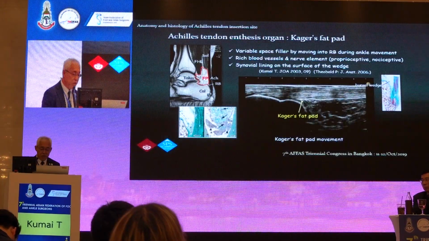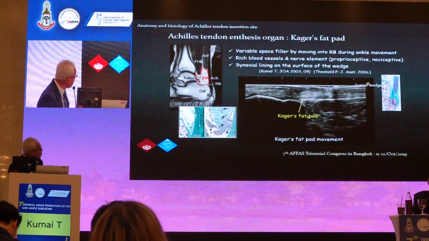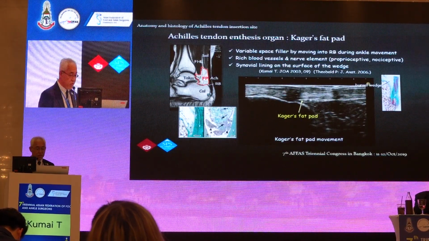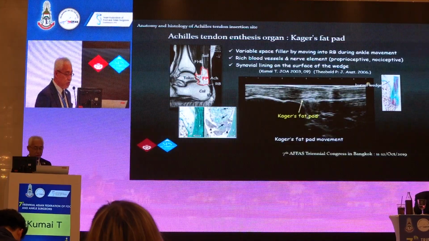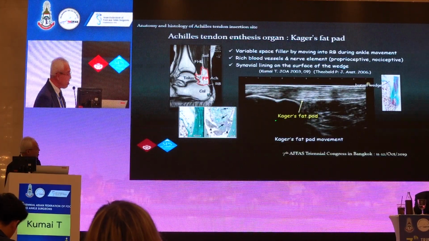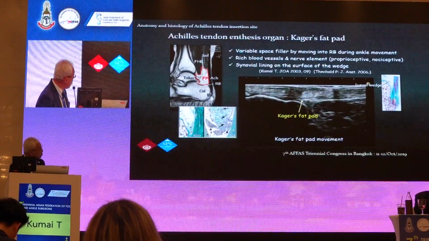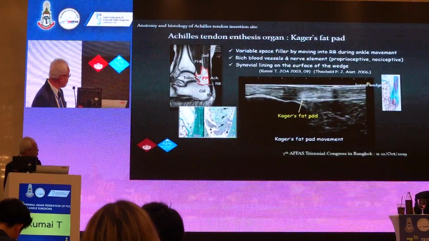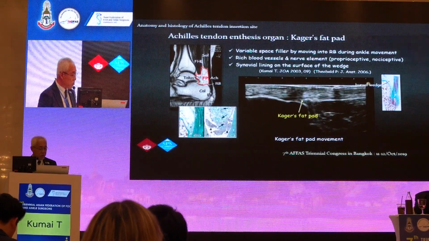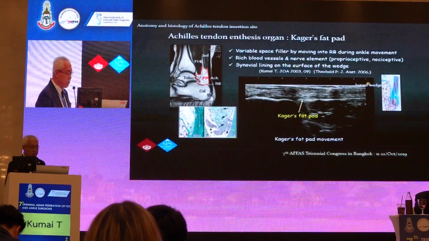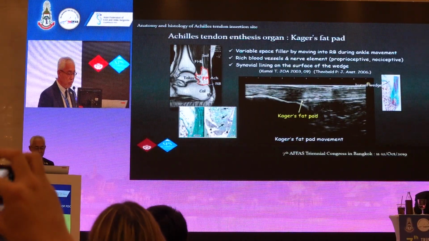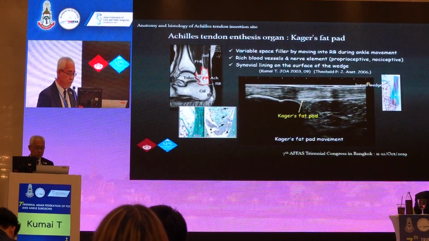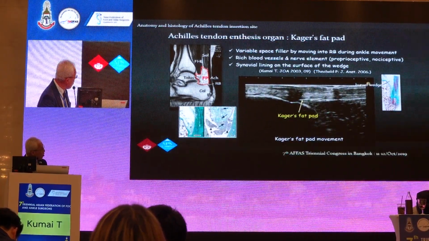And in terms of Kager's fat pad, they act like a variable space filler by moving into the retrocalcaneal bursa during ankle movement. You see the clear image of the moving space filler under the ultrasound image. They also have rich blood vessels and nerve elements, as I told you, and synovial lining cells on the surface of the wedge part of Kager's fat pad.